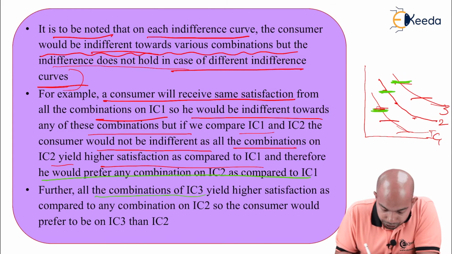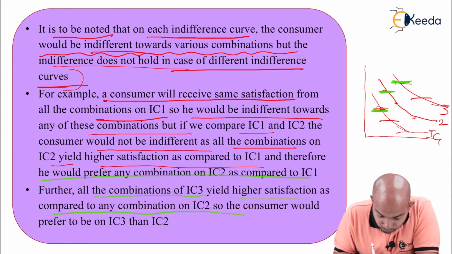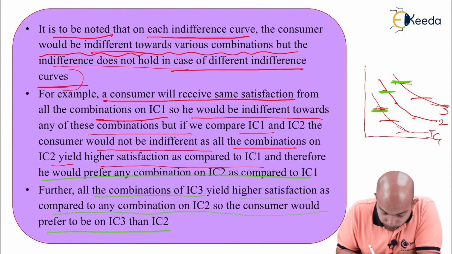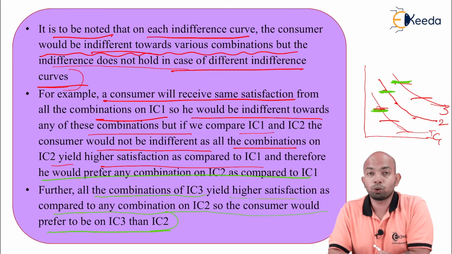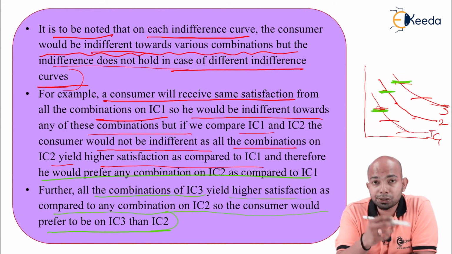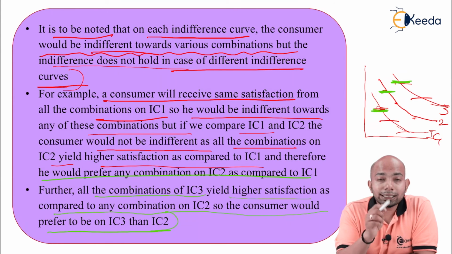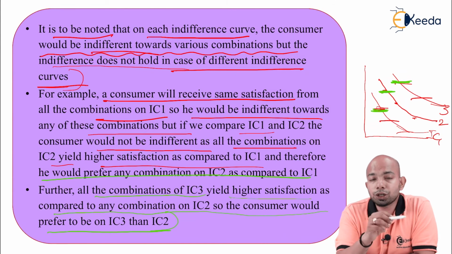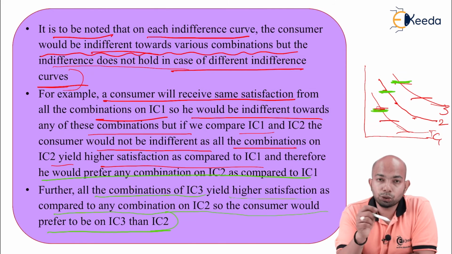Further, all the combinations of IC3 yield higher satisfaction as compared to any of the combinations on IC2, and hence IC3 would be preferred. Similarly, between IC3 and IC2, you will understand that the IC3 version gives you more satisfaction as compared to the IC2 version.